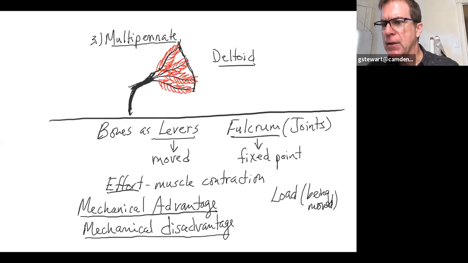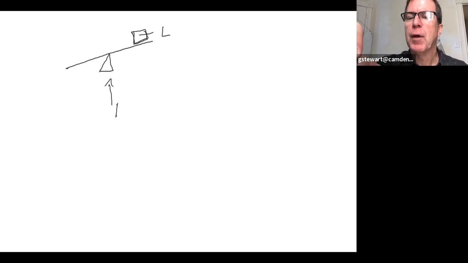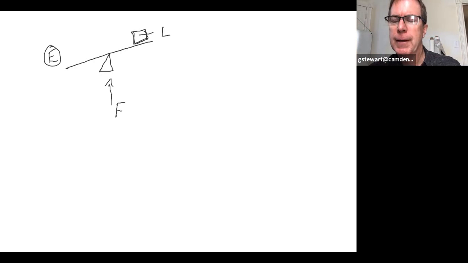So let's do a picture of this. If we have a situation where I'm just going to draw, for example, a seesaw that children play on. Let's just say we put a big weight on this end, a rock or a big heavy weight, that would be the load that has to be moved. The fulcrum is the point at which the movement revolves around, and then the effort is what we have to do in order to move the load.